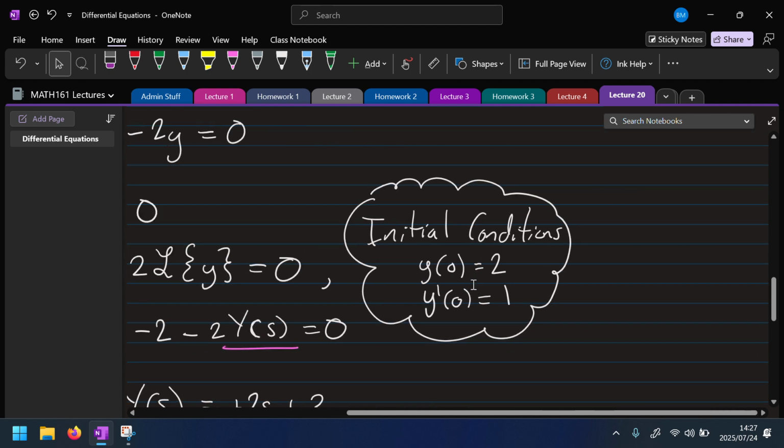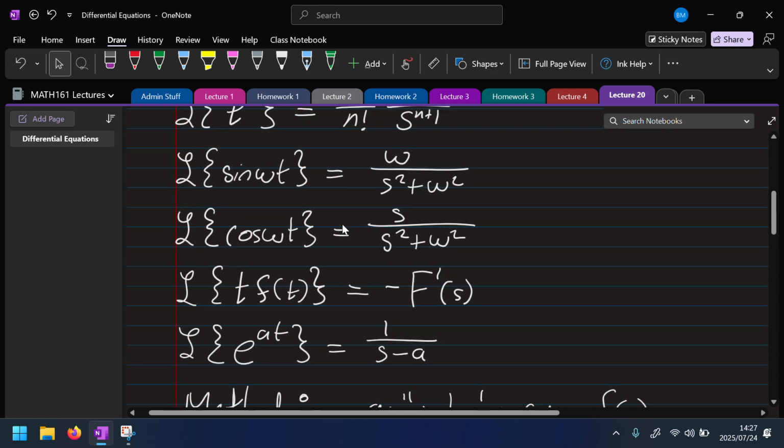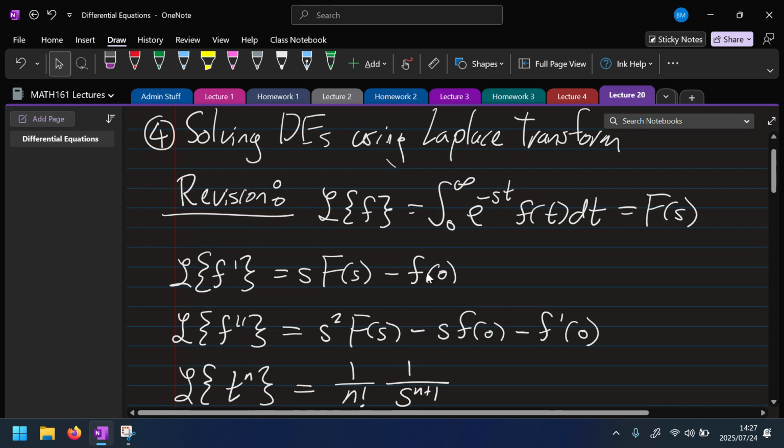This one. Yeah. It was y of 0 is 2, y prime of 0 is 1. So that's what we put over here for f of 0, that was the y of 0, and then the f prime of 0, that was the y prime of 0. Okay, any other questions?